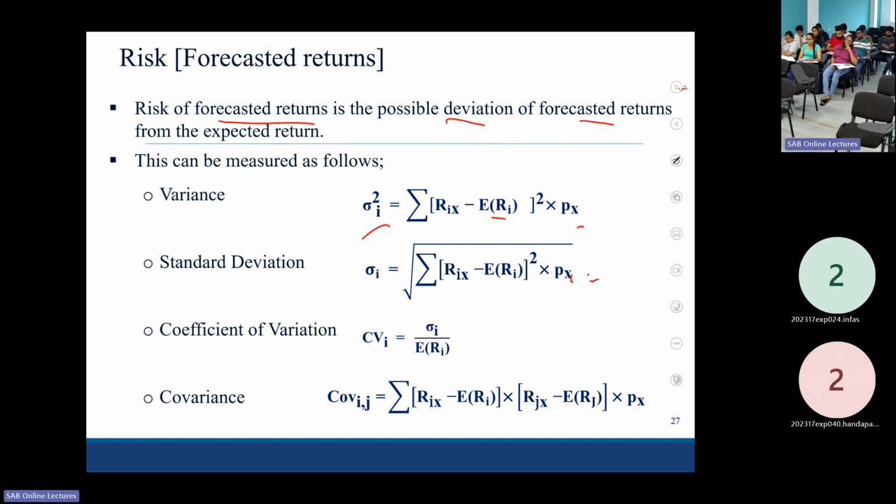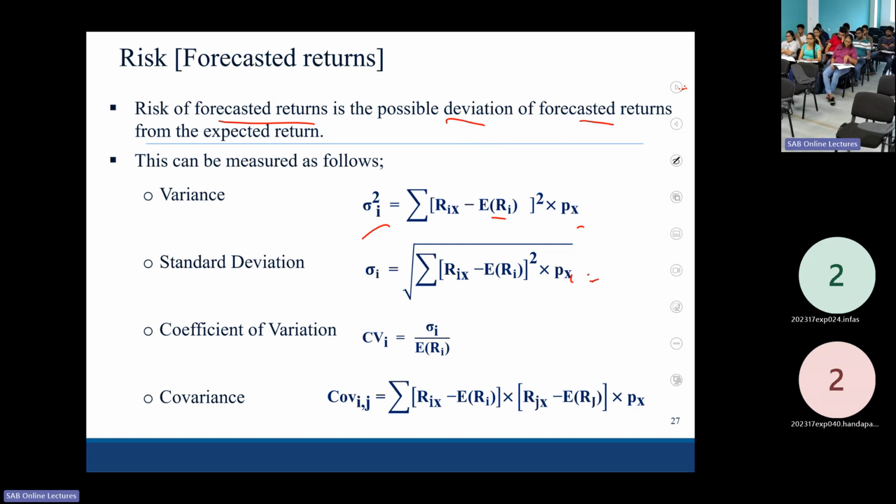Coefficient of variation, you learned it: risk per unit of return. The problem with the standard deviation is that if you are asked to identify the risky stock simply by looking at expected return and standard deviation, you cannot take the decision, because expected returns differ, so the standard deviations cannot be compared.